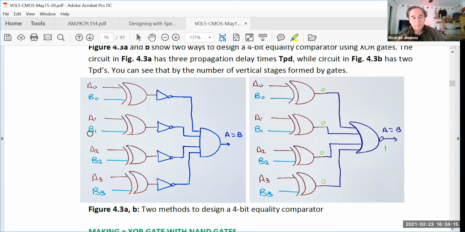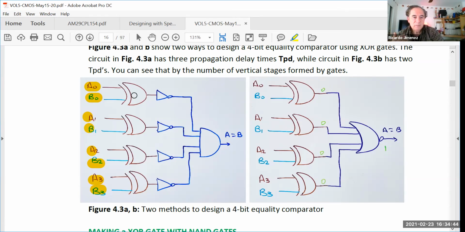And the 4 bits are called, in this case, A0, A1, A2, and A3. The other bits coming from another data, another nibble, are B0, B1, B2, B3. So you need to compare them. You need to know if A is equal to B, where A is 4 bits and B is 4 bits.